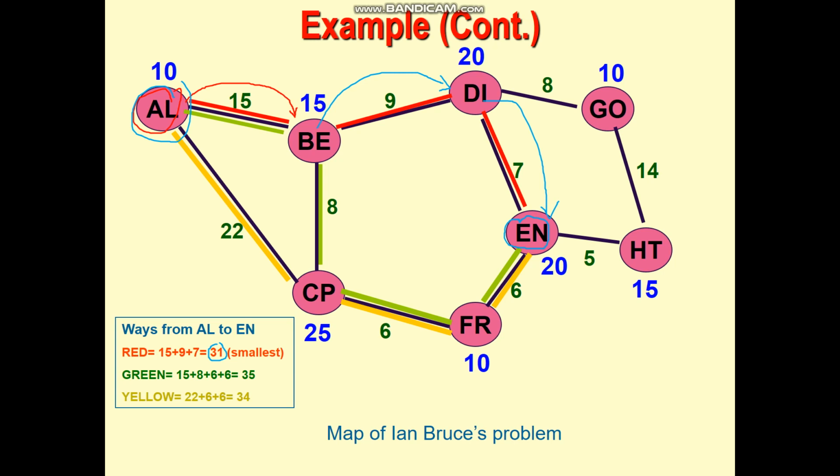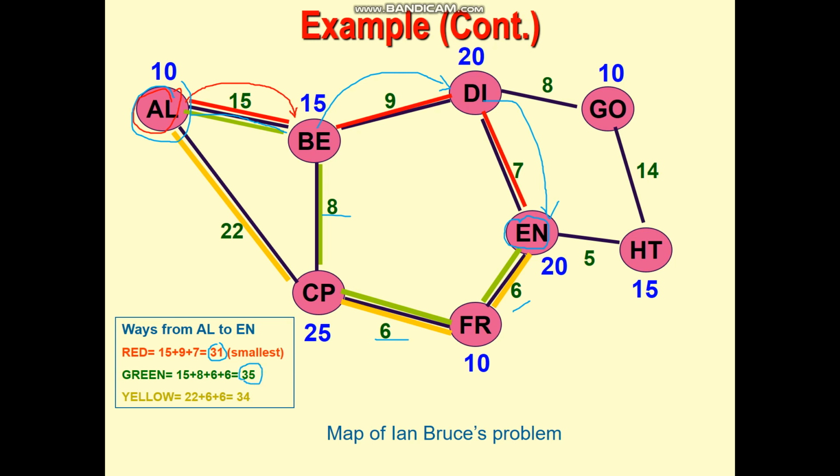We also can have another way to go to EN from AL: from AL to BE, then from BE to CP, CP to FR, then FR to EN, following the green line. The distance this way is 15 plus 8 plus 6 plus 6, so the total is 35.